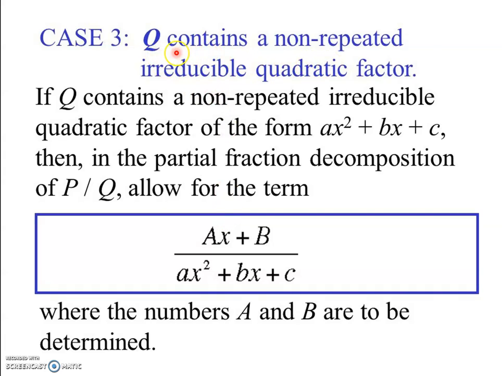If Q contains a non-repeated irreducible quadratic factor of the form ax² + bx + c, then in the partial fraction decomposition of P upon Q, allow for the term (Ax + B) upon (ax² + bx + c), where the numbers A and B are determined by substituting different values of x depending on the previous factor.